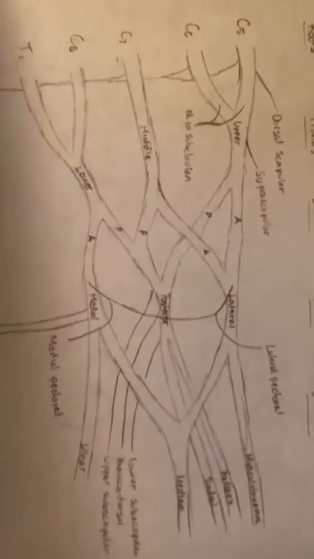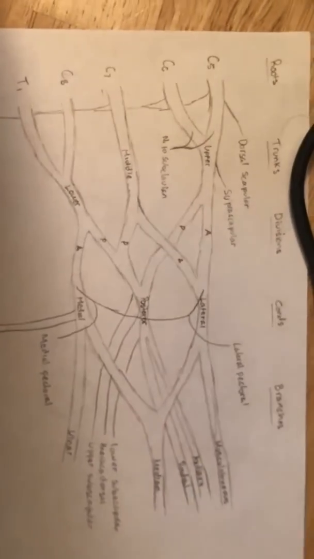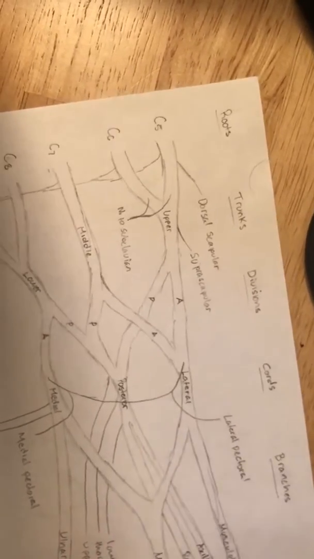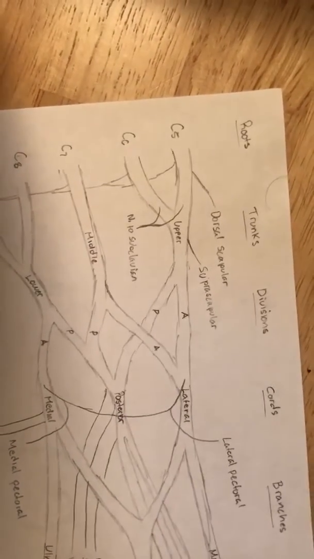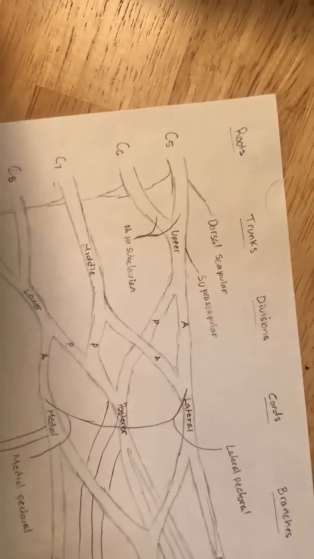So those are the big, really easily defined things with the brachial plexus. Another really big identifier is this M shape that is formed by the anterior cords, and that's a really easy way to tell when you've found the brachial plexus in the body.